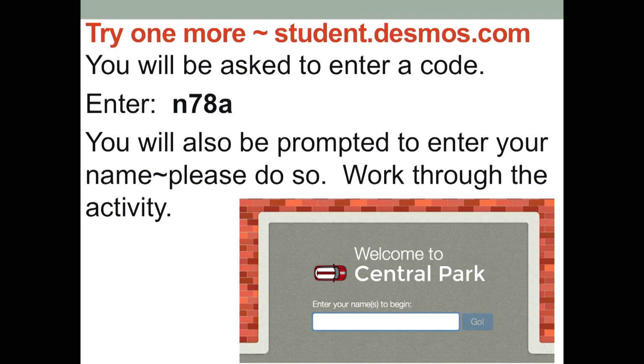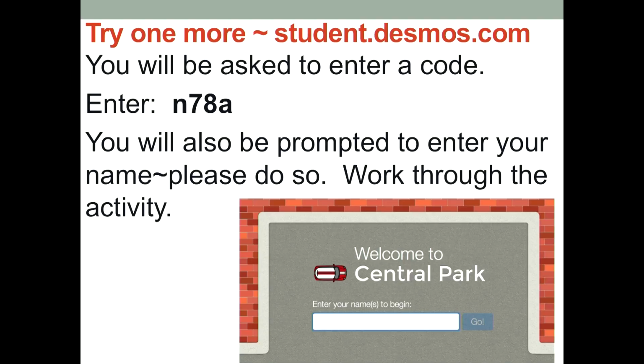As soon as you're in, go play. I'm going to give you roughly 10 minutes to work through this. This is much more involved than your last activity. As you're playing as a participant, put your teacher hat on as well to notice how it is moving from the concrete to the representational to the abstract.